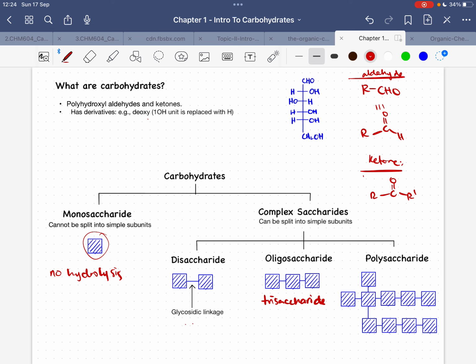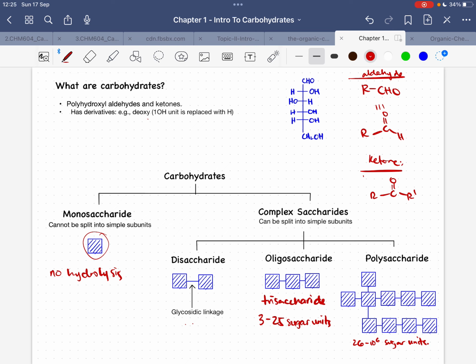And an oligosaccharide is comprised of 3 to 25 sugar units. And the most complex of all is the polysaccharide, such as cellulose, glycogen, and chitin, these are polysaccharides. So, polysaccharides are mostly composed of 26 to 1 million sugar units.